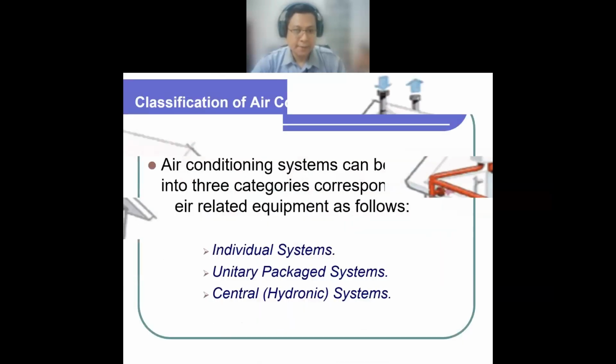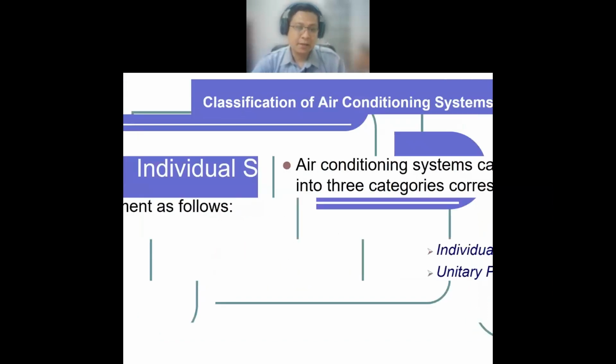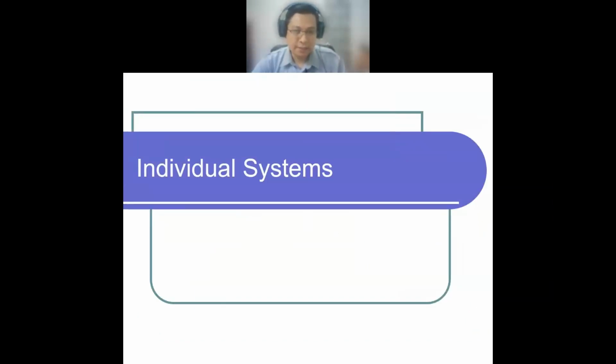So air conditioning systems can be classified into three categories corresponding to their related equipment as follows: individual system, unitary package system, and then the central or hydronic system. We can look into every type in detail.